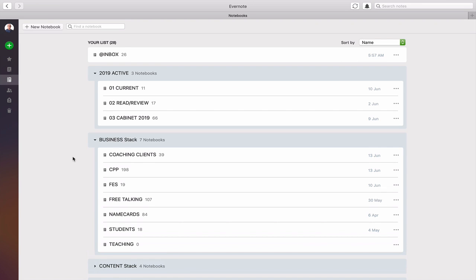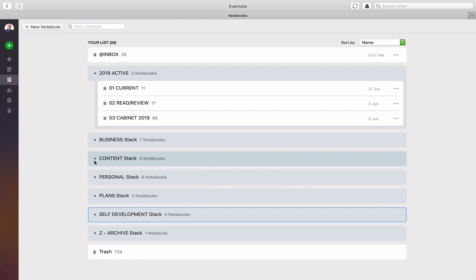I've got my coaching clients, CPP is the productivity business, FES is my English language business, Free Talking is for articles that I'm collecting for my students that I work with on a week-to-week basis. Of course, I've got name cards because I store them there, students, and teaching, which is empty at the moment, but obviously if there was teaching materials or something that I wanted to keep, I could keep them in there.